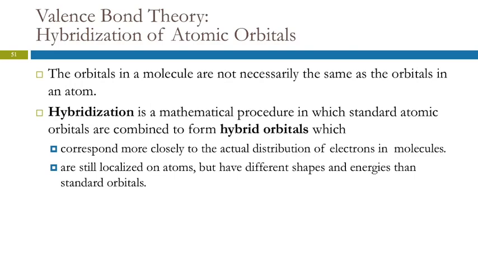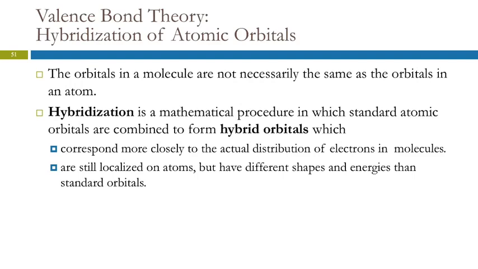So we call that hybridization. So a hybrid is something that brings two different things together. A hybrid vehicle can run on electricity and gasoline, right? If you hybridize plants, you're taking two different varieties of a plant and coming up with one that's a combination.